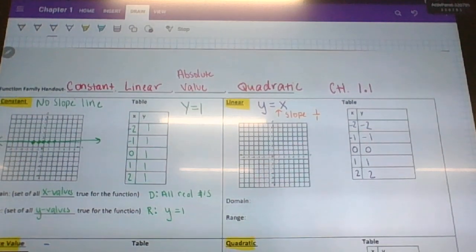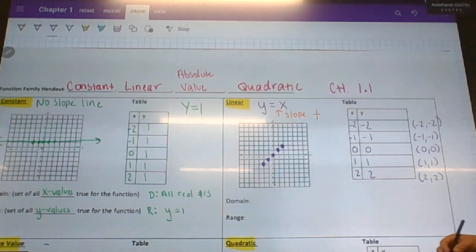So these ordered pairs are a little more interesting. All right, I'm going to plot this point, -2, -2, get my dot down. This is an ordered pair, -1, -1, get my dot down. 0, 0, right at the origin. Reviewing ordered pairs with you while we do this. Plotting x and y.